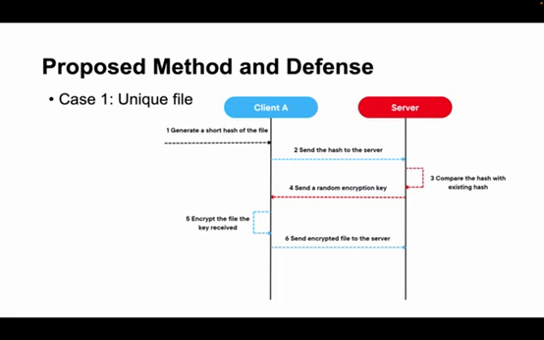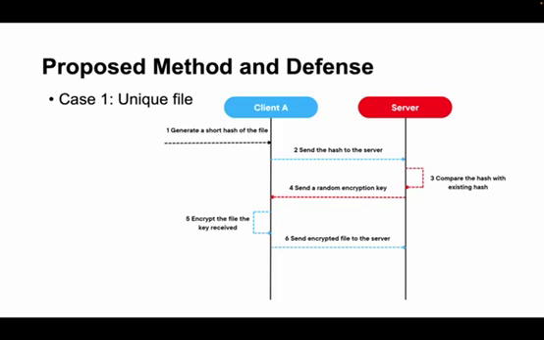Now, let's look into the details of the proposed method. In case 1, client A uploads a unique file to the server, though other clients have the same file. Firstly, it will generate a short hash of the file as the identity of the file and then send this short hash to the server in the second step.